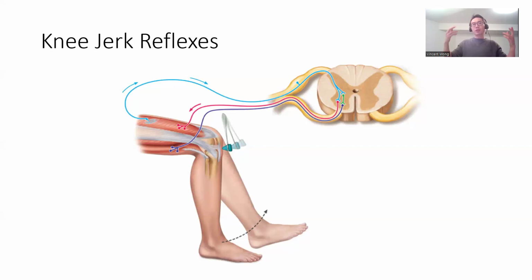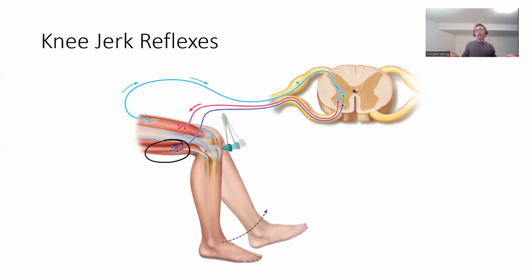If you remember the neurotransmitter material I taught you, the red path is carrying an excitatory neurotransmitter telling the quadricep to contract, and the purple one is carrying an inhibitory neurotransmitter telling the hamstring to relax. If both muscles contract at the same time, then the foot is locked and not going to move anywhere. So you need one to contract and the other to relax.